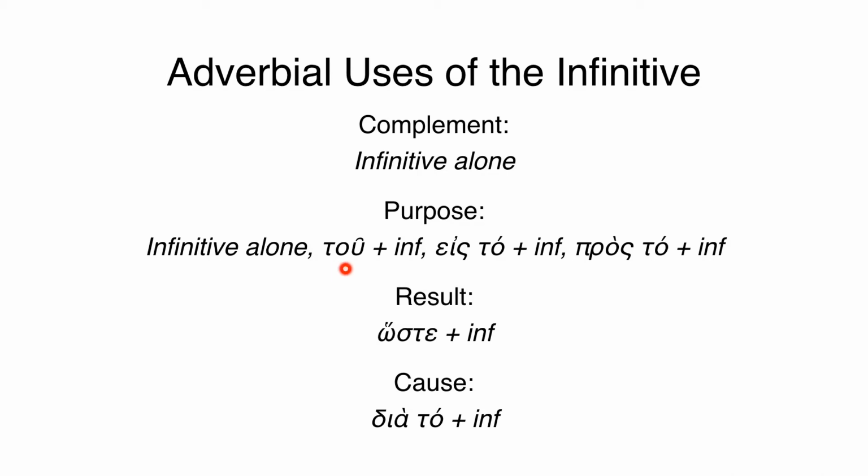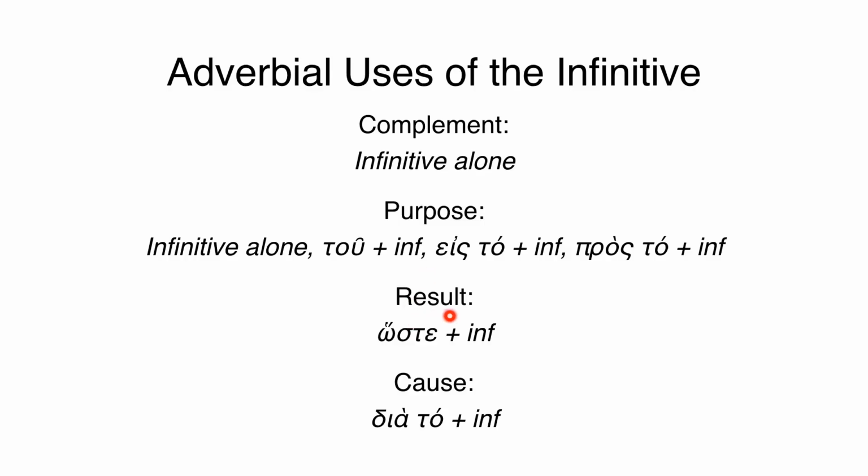To plus the infinitive, eis to plus the infinitive, or pros to plus the infinitive. There are four different ways in which the infinitive can convey purpose. The infinitive alone, to plus infinitive, eis to plus infinitive, pros to plus infinitive. As I mentioned, those constructions ought to be memorized so that you can quickly identify what they mean.